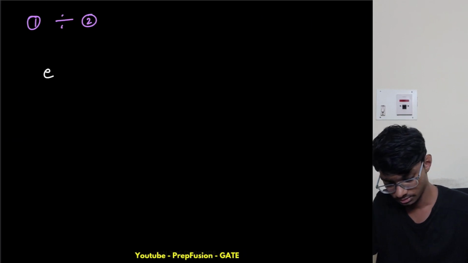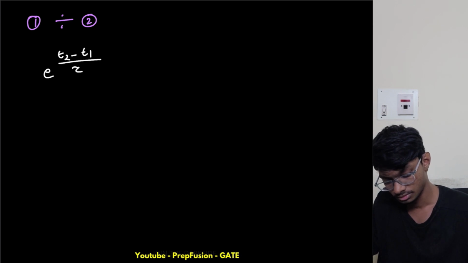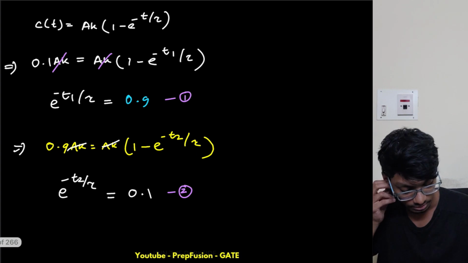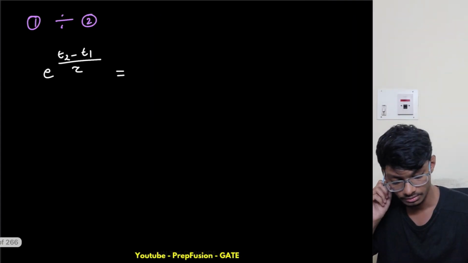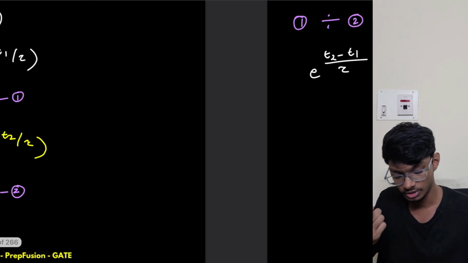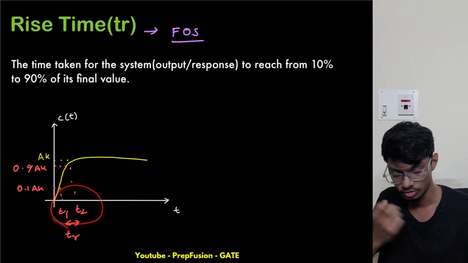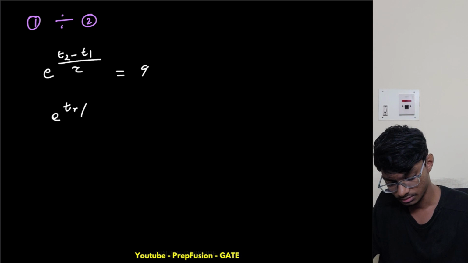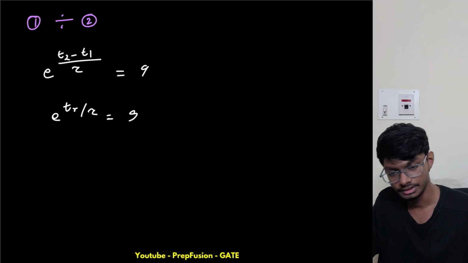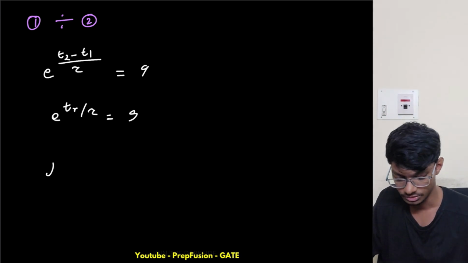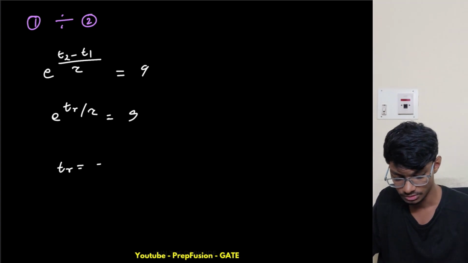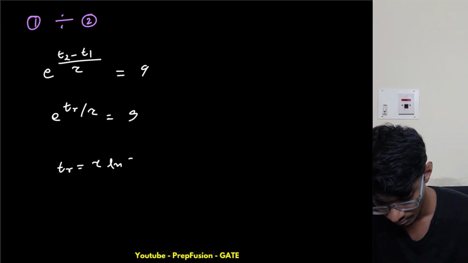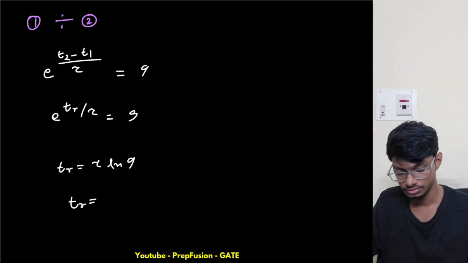I get e^((T2 - T1)/tau) equals 0.9 by 0.1, which is 9. Now what is T2 minus T1? T2 minus T1 is T rise. So e^(TR/tau) equals 9. Now I will take the natural log on both sides. So TR equals tau ln 9.